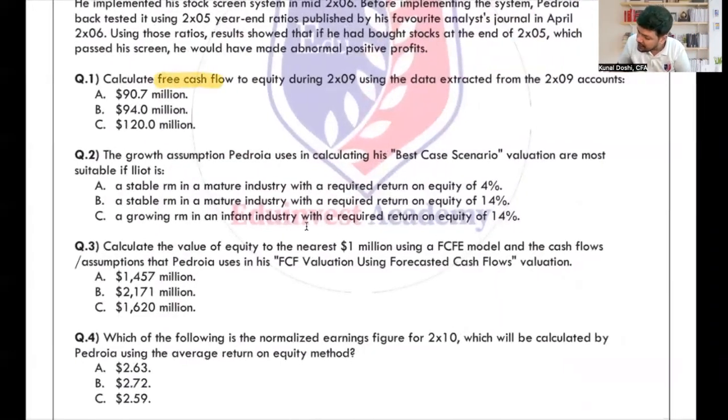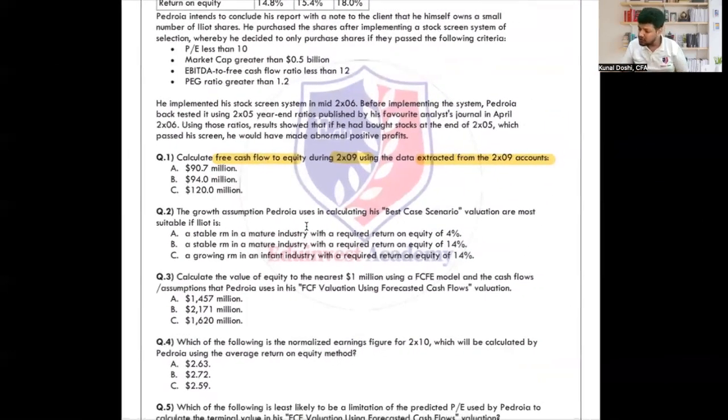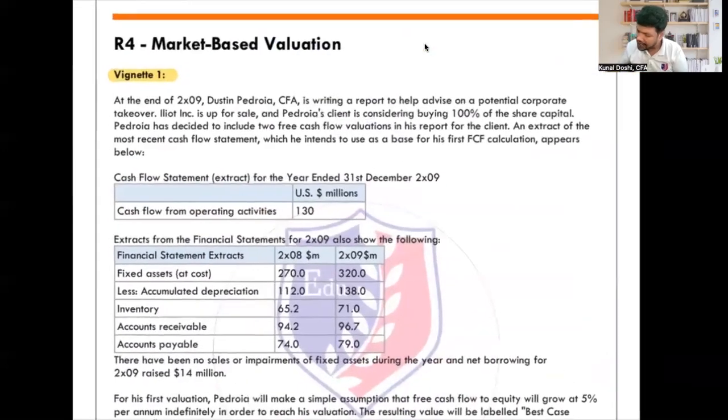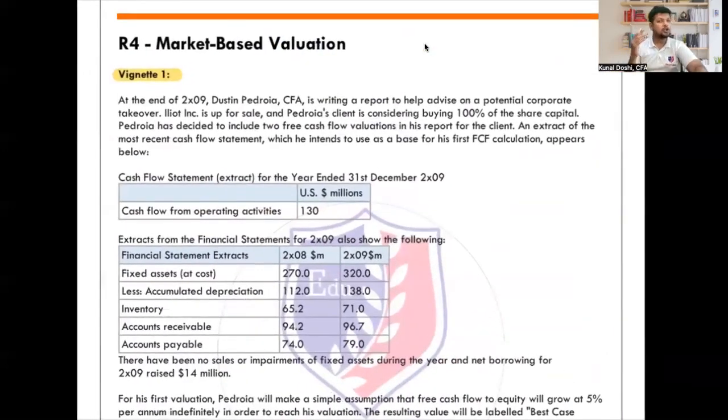Calculate the FCFE during 2009 using the data extracted from the 2009 account. So we are looking for FCFE. In order to find it, we look at some basic information to understand where exactly the FCFE information is.